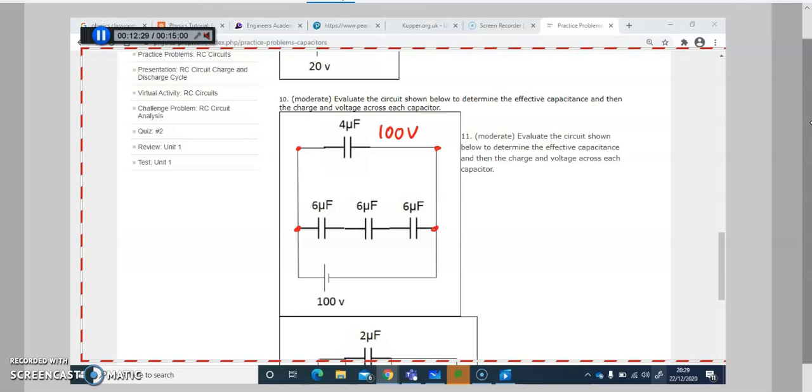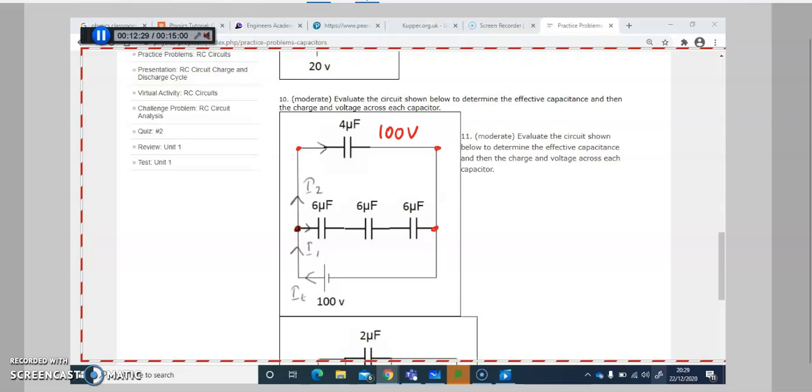Always look at the current flowing direction. If you see here, the current flows from the positive terminal of the battery, reaches this point, and then splits into 2 different currents. So I total is going to split as I1 over here and then here as I2.